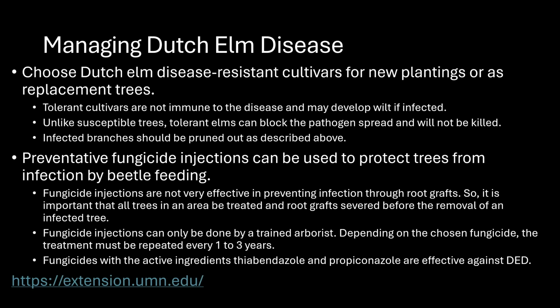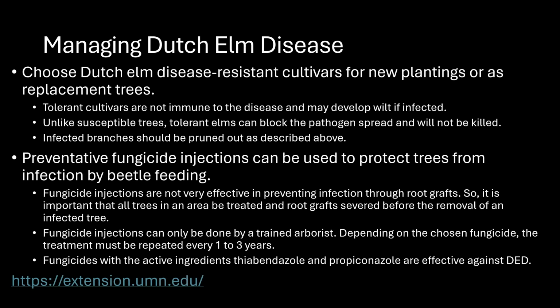It's really something that I would say is more in line with if you have a woodland full of these and you're trying to be proactive and prevent them from being infected. So for the bulk of us here, the most we can do if we see issues of this disease is, again, buy resistant cultivars for new plantings.